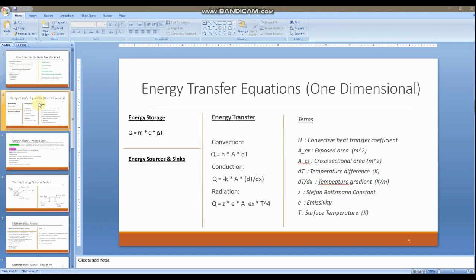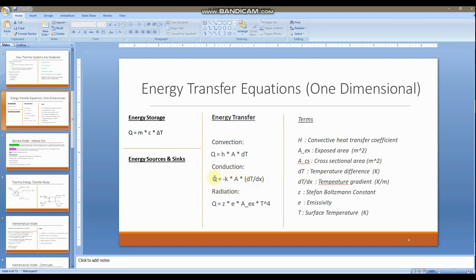So moving on to slide number 4 from 3, I have given you 4 equations and I've left a certain portion empty. So let's discuss what these equations are. We have 3 equations which describe the energy transfer through conduits.